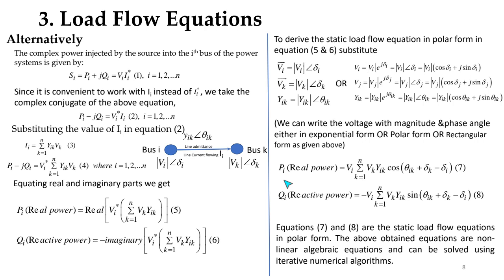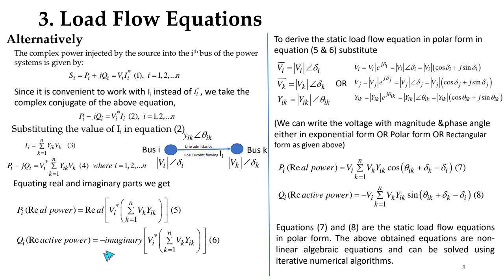So what we are trying to do now, for the real power, you can see equation 5. Here we bring in equation 5, that is Vi times the summation k equal to 1, then Vk Yik cos. The phase shift for Vi is minus delta i, Vk is delta k, and Yik is theta ik. So from this equation 5 we can write it as theta ik plus delta k minus delta i.